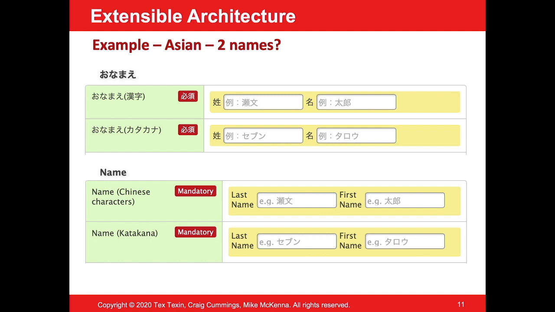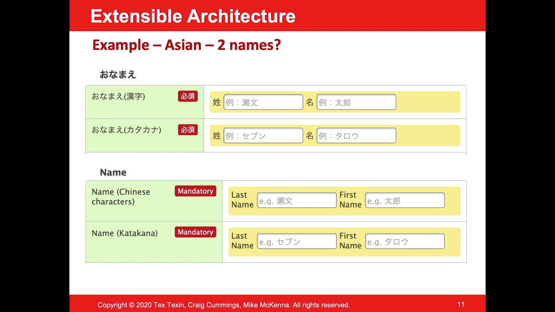And the name that you enter is in Japanese characters. But because many Japanese characters have homonyms and can be pronounced in different ways, a Chinese way or a Japanese way, they ask that you enter the yomikata or the pronunciation using katakana.